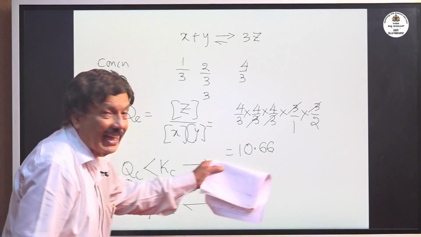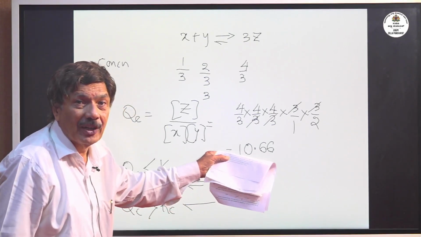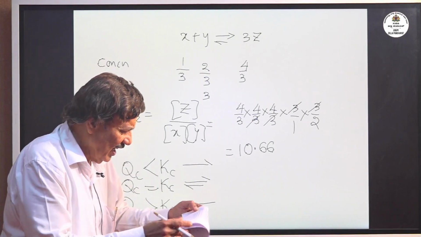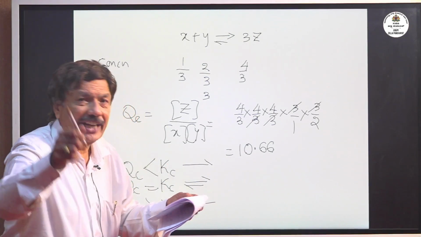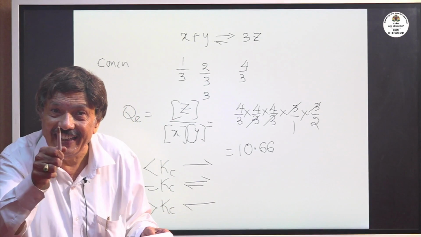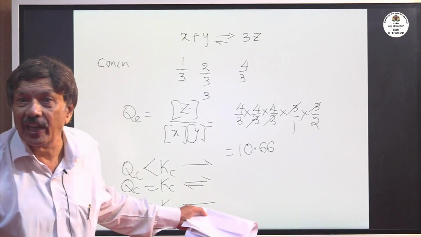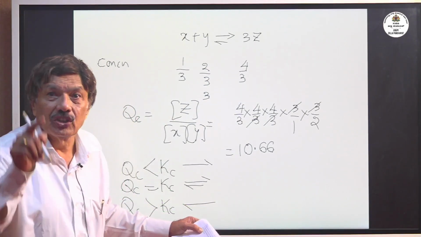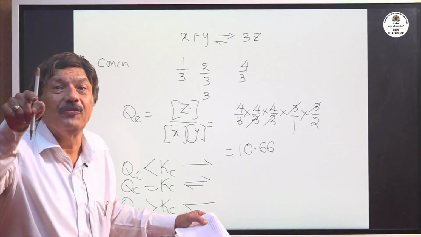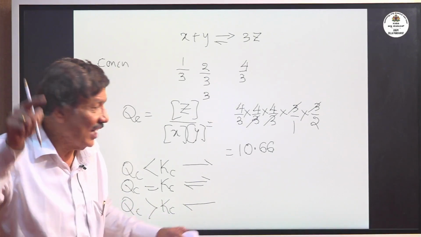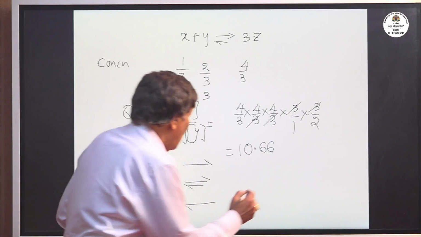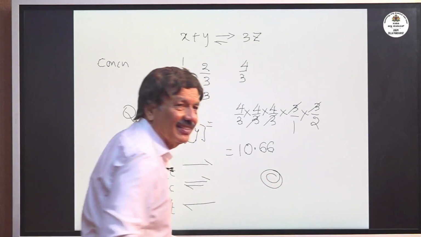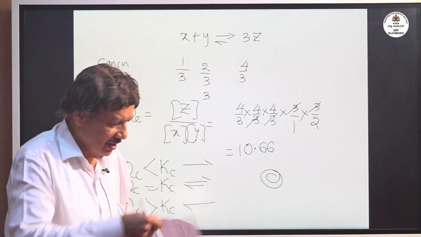So in this case, we got QC 10.66. So the right option is the reaction will be at equilibrium if Kc is 10.66, because here you got QC 10.66. Option C is the right one.